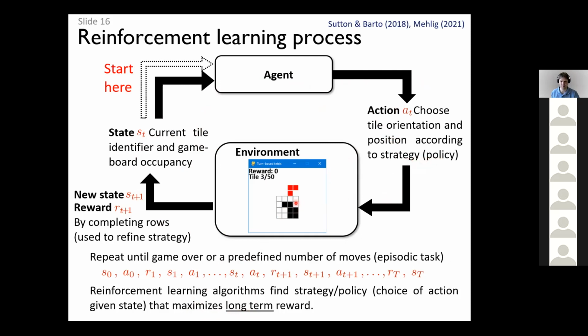And then we interact with the environment, in our case, the game board, and get the reward depending on which location we place this tile, which action we take. And this is repeated until game over, where we have an overflow or a predefined number of moves. So this is called an episodic task, and that means that it has a finite duration always.